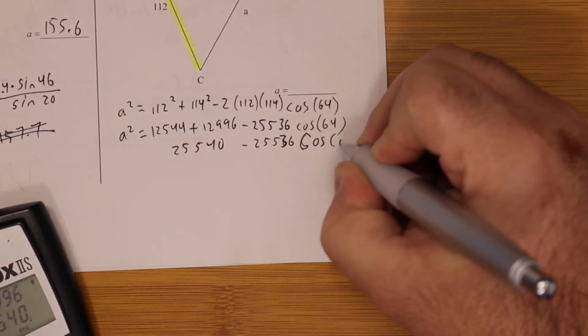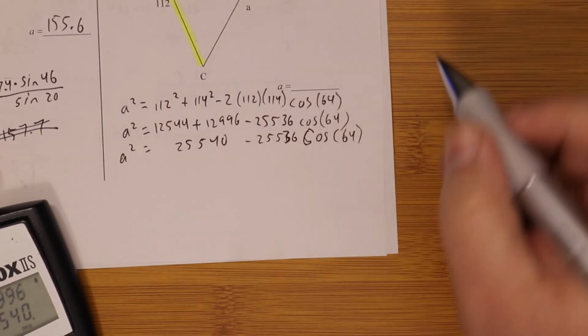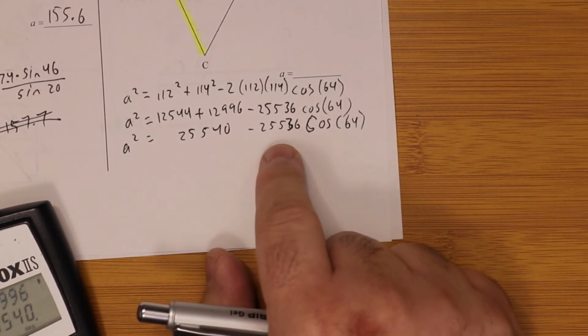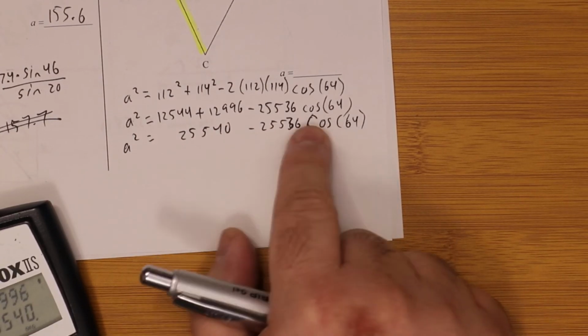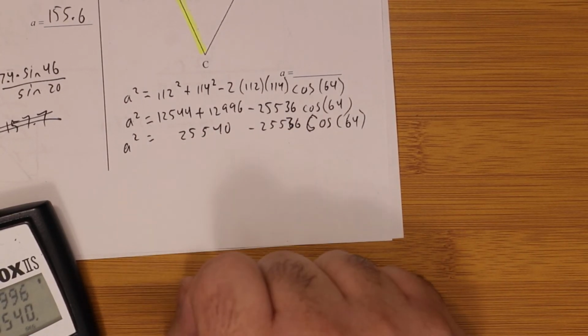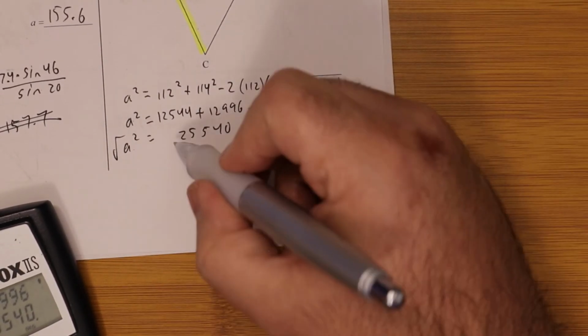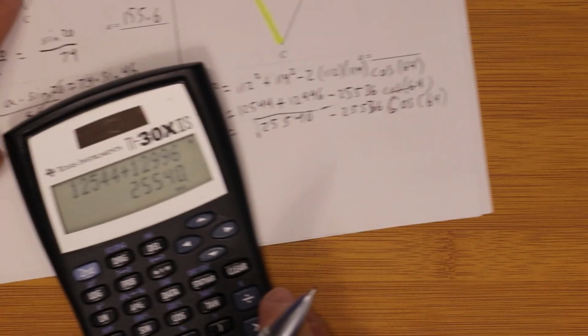Cosine 64. And then here's where we can't go any further. We cannot combine this with the number over here because it's multiplied. You have to multiply before you could subtract. So we got to square root so we can get A by itself. So we're going to square root everything over here. Be very careful when you put this in your calculator.